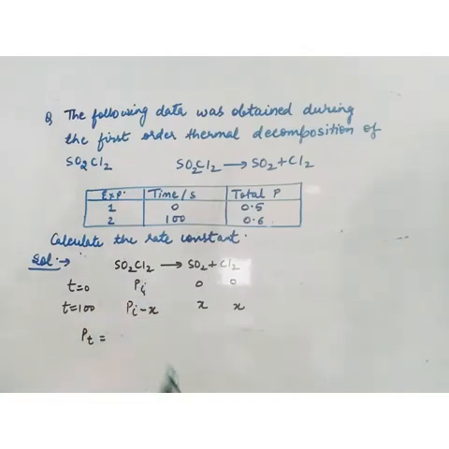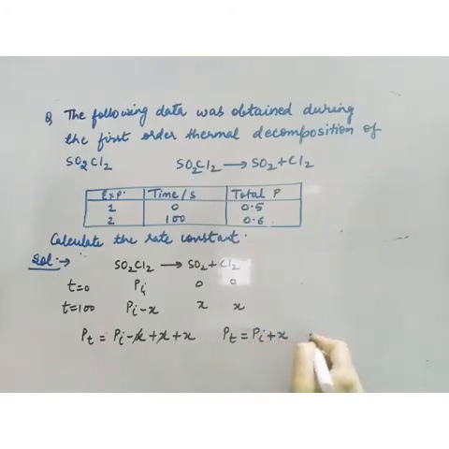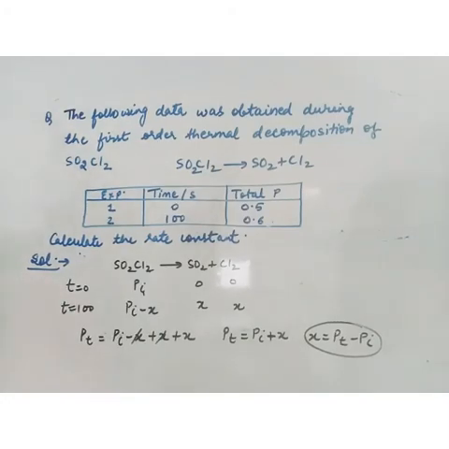It is not possible to calculate the individual pressures because all three gases are together in that container. So total pressure is Pi minus X plus X plus X. So Pt is equal to Pi plus X, or X is equal to Pt minus Pi. Okay, so this is the value of X.